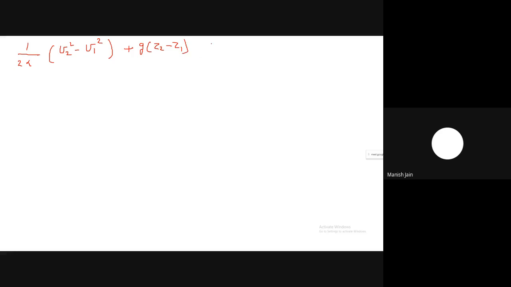This is the potential energy. V2 square minus V1 square is the kinetic energy, plus the pressure energy (P2 minus P1) divided by rho, plus sigma F, the friction losses, plus WS, the power requirement, equal to 0.